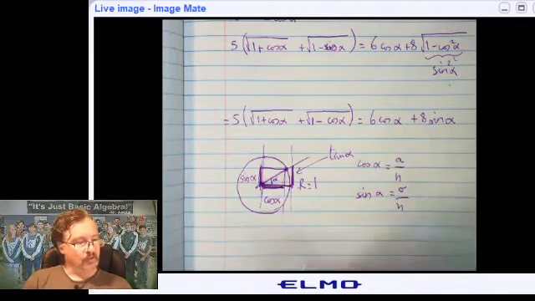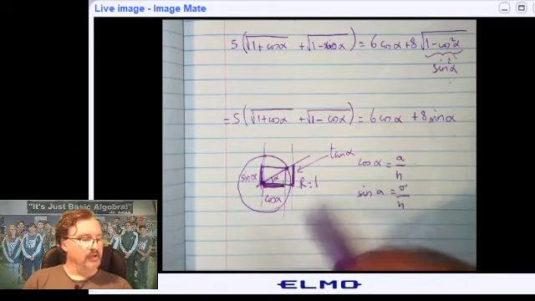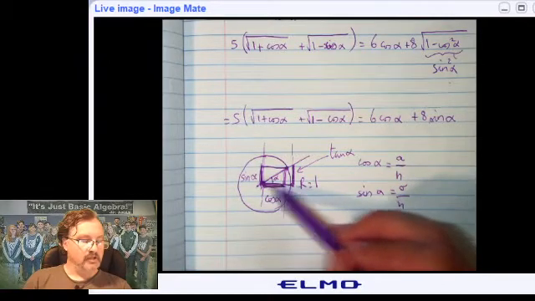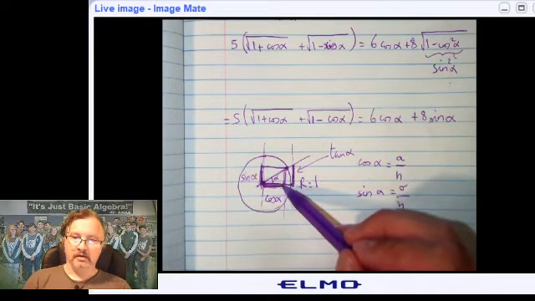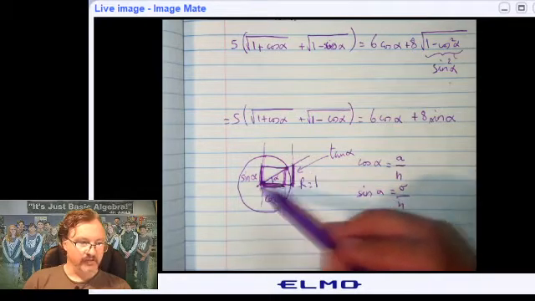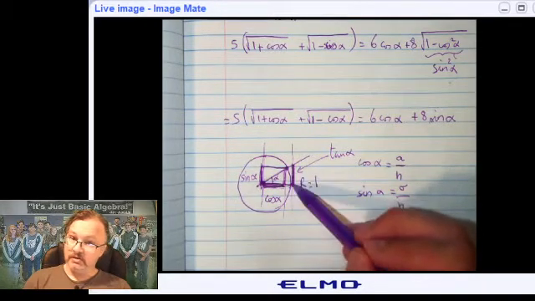How do I know that? Well, I know that tangent alpha is equal to the opposite side over the adjacent side. Correct? But it's the same ratio as this side over this side. So this is tangent of the angle alpha.